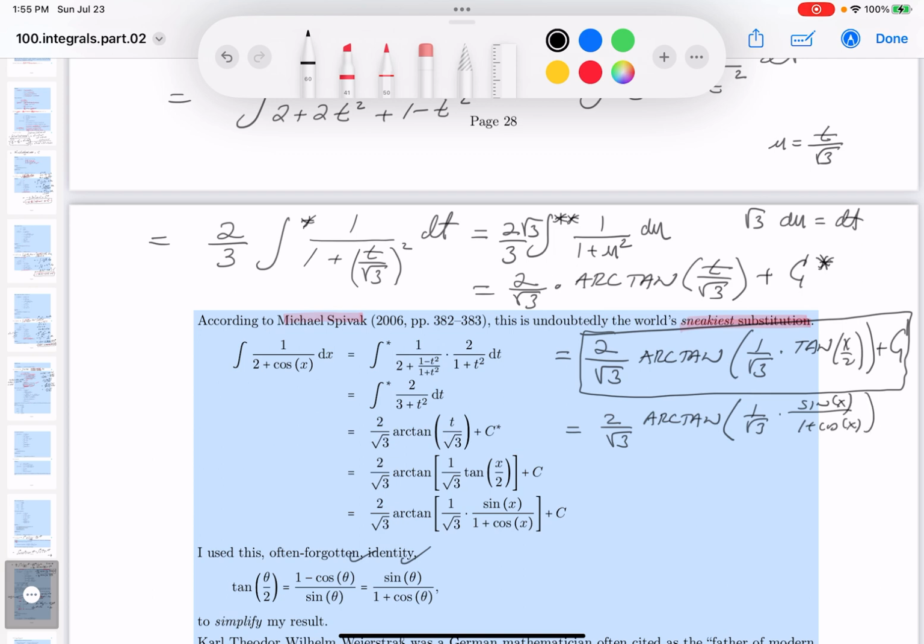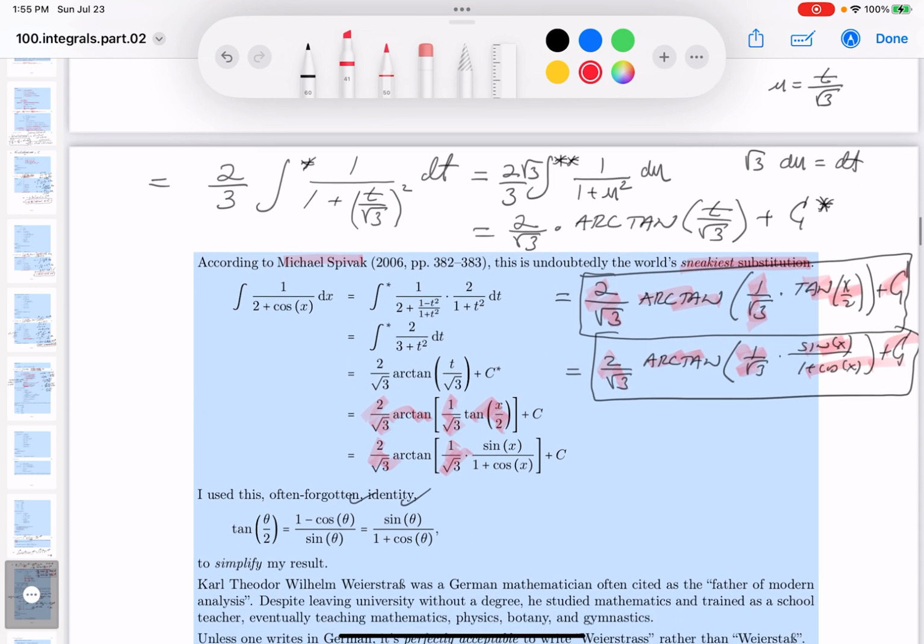Now, granted, I can't say it made the problem any better. It really hasn't. But I want to look at the key. I want to see if I got it. 2 over root 3, arctangent, 1 over root 3, the tangent of half an angle plus c. Also wrote this one down for you. 1 over root 3 sine over 1 plus cosine. You get the idea. All right.